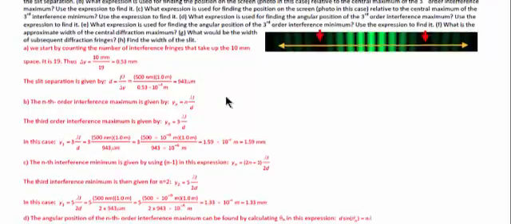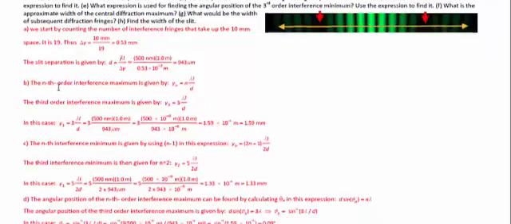Okay, now the expression for the position on the screen of any maximum is given by this expression for interference: y sub n equals n lambda L over D. The nth order maximum relative to the middle is given by y sub n, using n for the order. So for the third order interference maximum, we just plug in n equals 3: 3 lambda L over D. And we just solve for it.